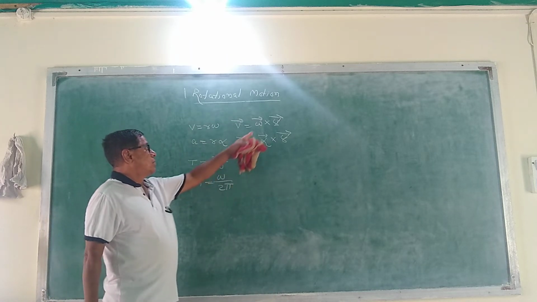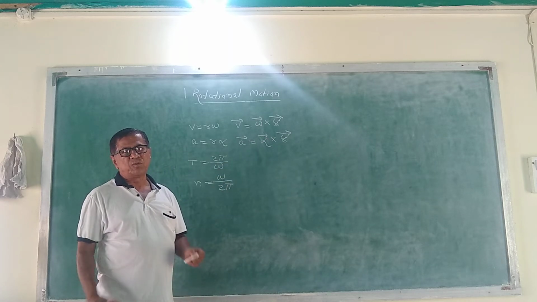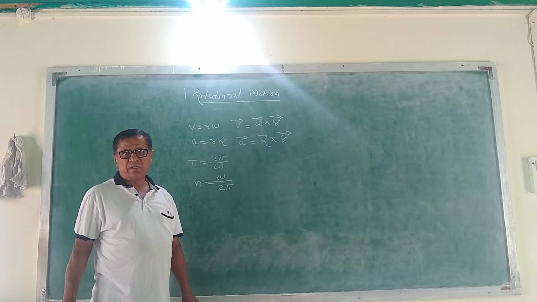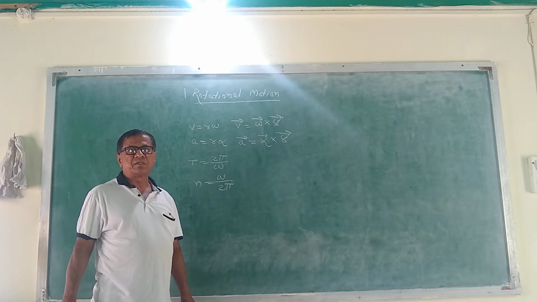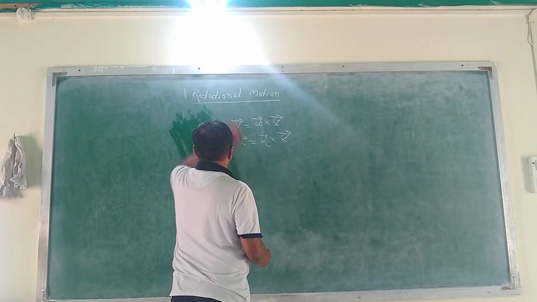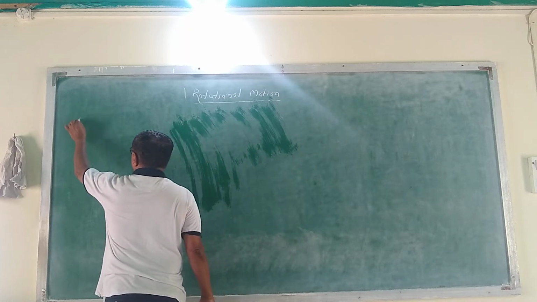After that, we have taken the omega bar, alpha bar. These are the quantities in the rotational motion. The angular velocity and the angular acceleration, their directions are given by the right hand thumb rule.